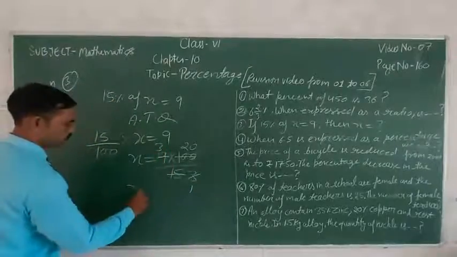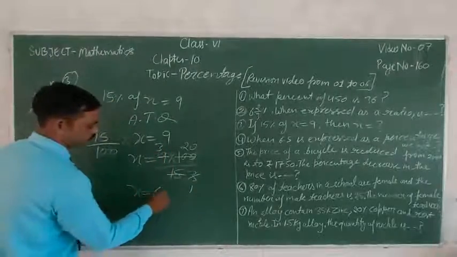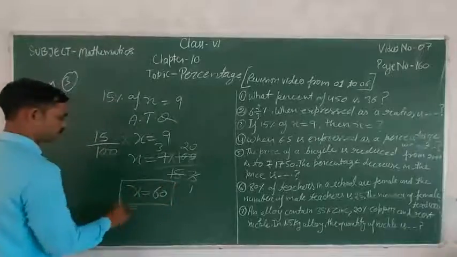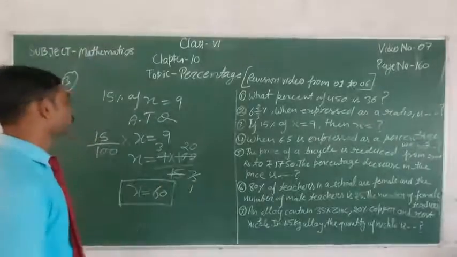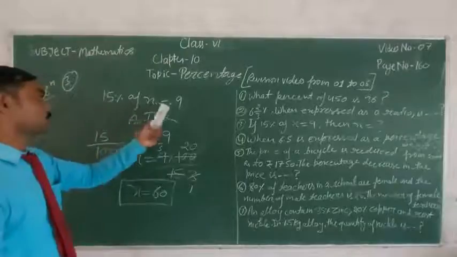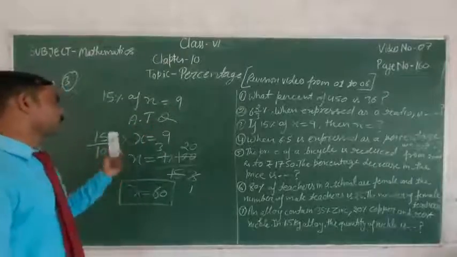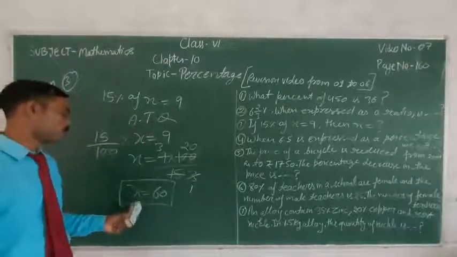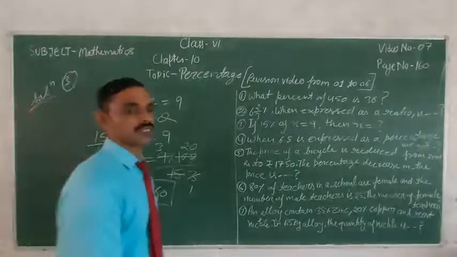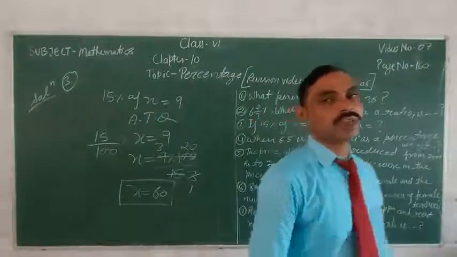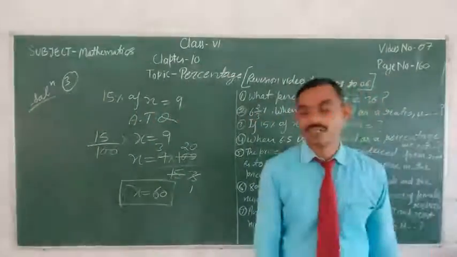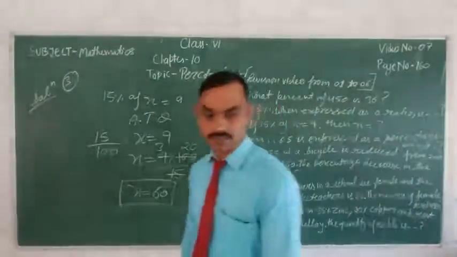Now x is equal to 60. So 15% of x is 9, then we have to solve it and we will get the value of x is 60, means 15% of 60 is 9, which is our answer.